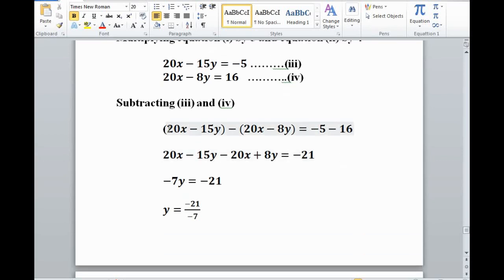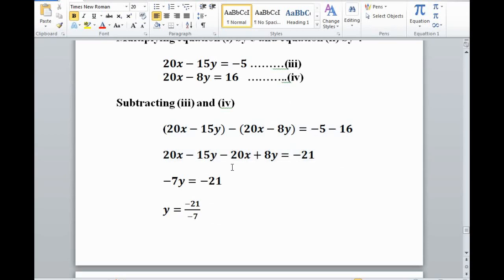Now simplification: 20x minus 15y as it is, we are going to multiply this negative sign by positive 20x, so this becomes -20x, and minus multiplied by minus is plus 8y equals -5 minus 16, which is -21.